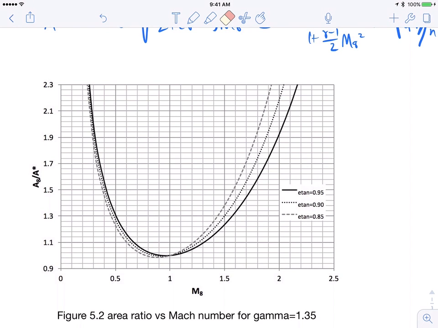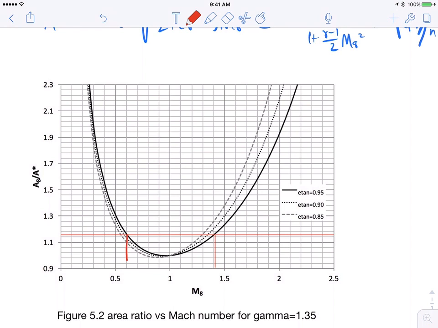So we're interested in an area ratio of 1.125, which will fall on the left axis right between our two tick marks. If we draw a straight line halfway between them, that should be 1.125. And we don't have a curve for 0.97, so we'll use our closest one, an eta n of 0.95.